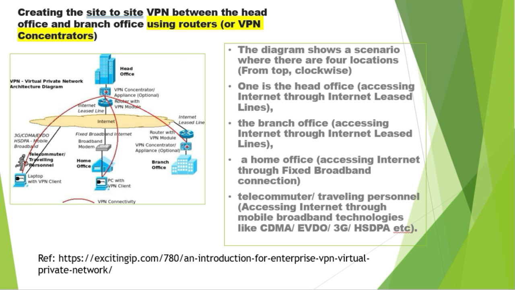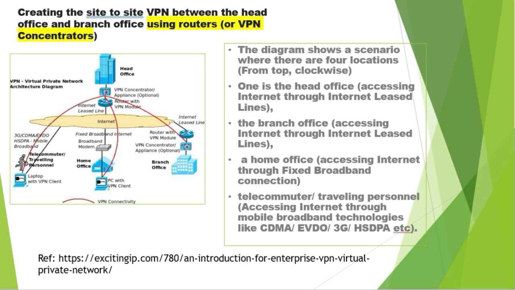The branch office is accessing the internet through an internet leased line, while the home office is accessing the internet through a fixed broadband connection. So in real life situations right now, maybe you are accessing using, for example, a fiber to the home network.